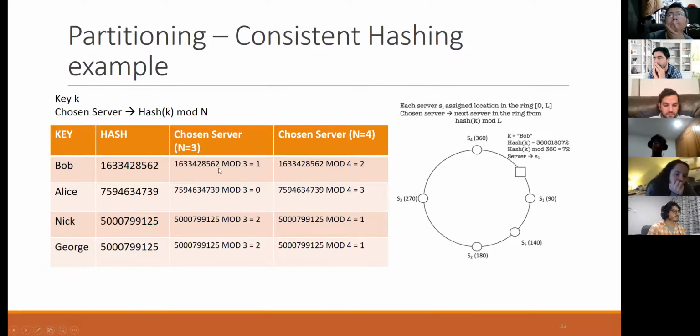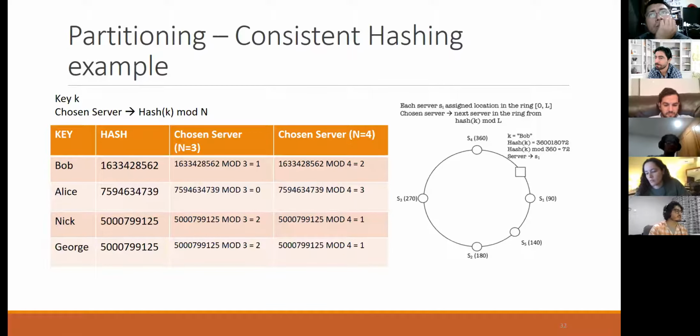And as you can see, we will need to sort again all this information, because for the first key, Bob, when we have n equals 3, we have a 1 as a value. But because we scale by 1 only, it moved to 2. And as you can see, none of these values remain the same. So that will be a performance issue, a network issue, and will impact the response time for customers.